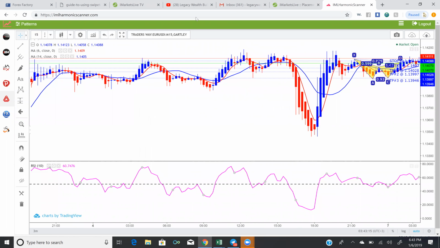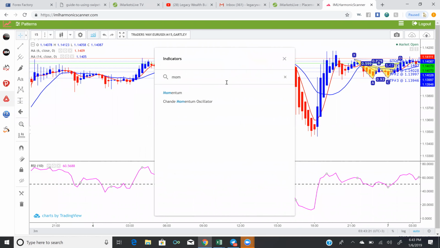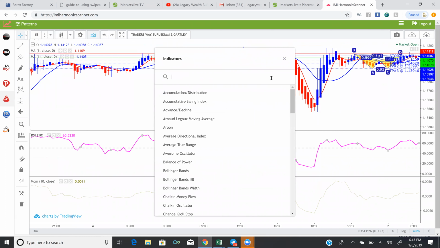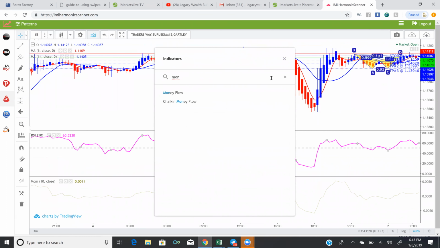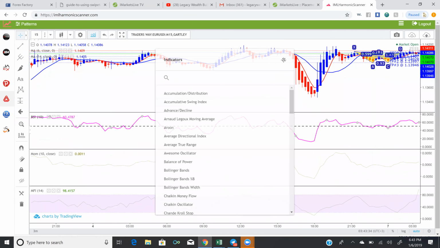Now I want to go to the indicator window, type in momentum, on that, stay, don't get out of that, type in money. When you type in money, we just want this first money flow indicator. Click on that.